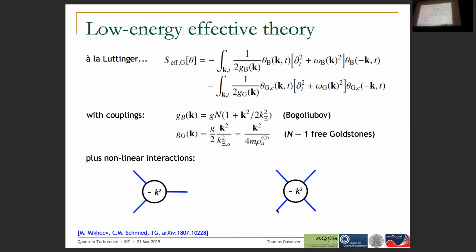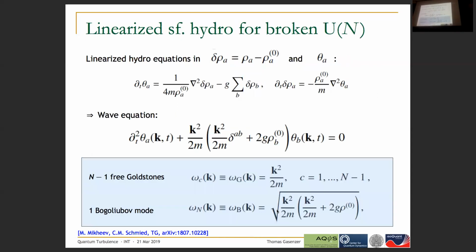Okay? Now, what is important is to go beyond that in order to describe this transport. And we do it now in a manner which assumes that the density fluctuations which were still in there beforehand are actually small and I can integrate them out. Of course, this was still the full hydrodynamic picture with all the density fluctuations, but I assume that these density fluctuations are small and I can argue why they are.